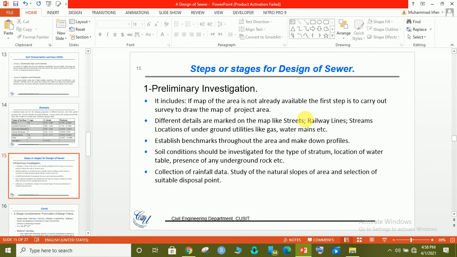Also, the presence of any underground rocks will increase the cost of excavation. Collection of rainfall data, study of the natural slope of the area, and selection of the suitable disposal point.